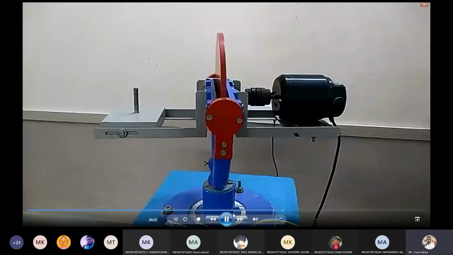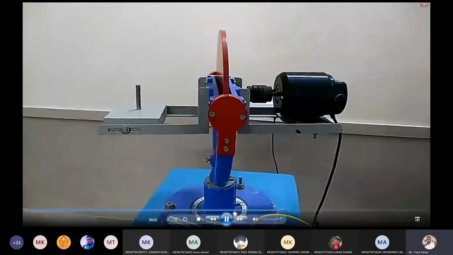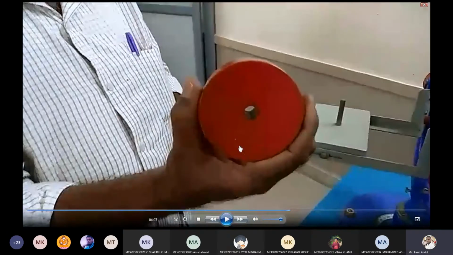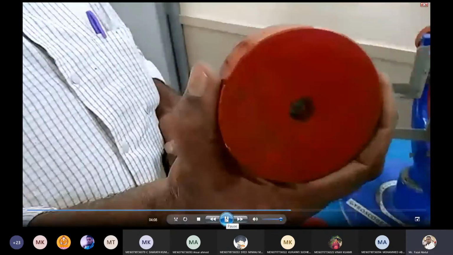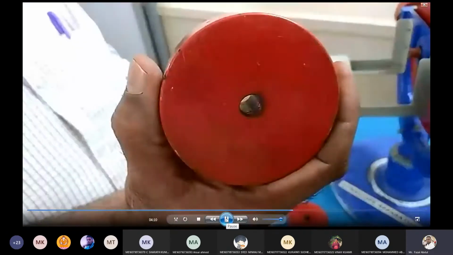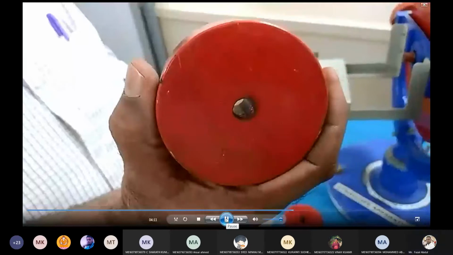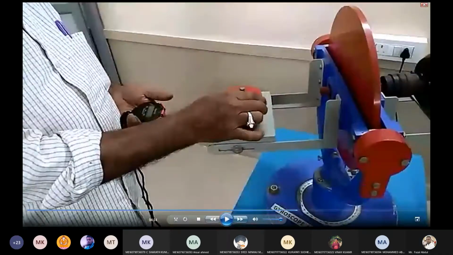Initially we are applying the 1 kg load. After applying the load, the setup rotates about its own axis. Now we have to see how much it is turning.